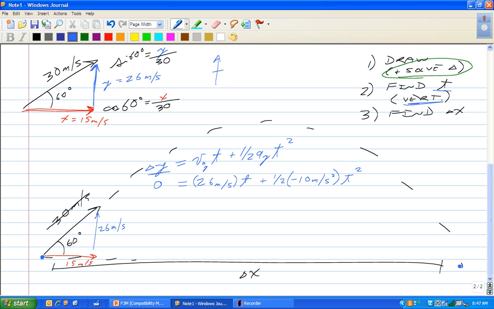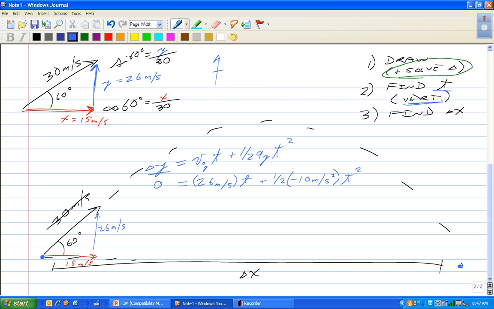I know there's acceleration. So you can change it either way, but for this one we're saying up is the positive direction. And what's the direction of the acceleration? Down, right? Because that's the direction of the net force.